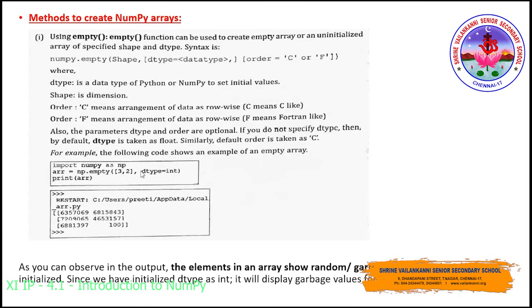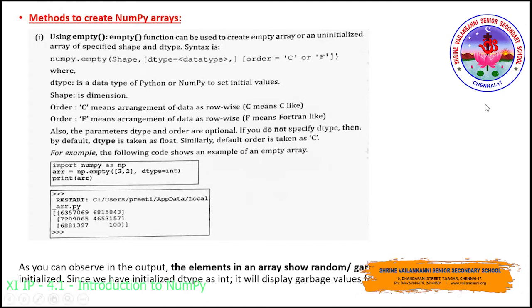So 3, 2 represents 3 rows and 2 columns. We have just specified the shape alone, that is the dimension, so based on the dimension, some garbage or random values will be automatically initialized and created as an array. See here, some random values are generated according to the shape of the array that we have created. So this is how it works.